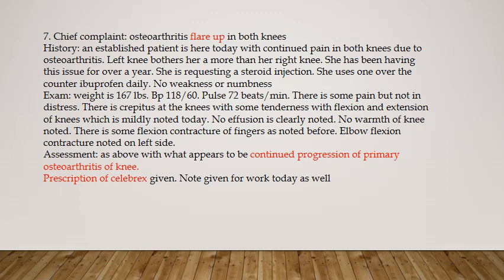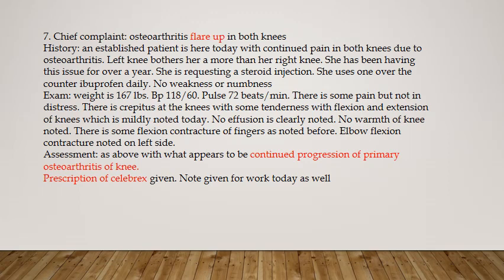No weakness or numbness. Then the examination part is there. You read it. I have already told you that the examination part doesn't have much importance as of now. Then assessment: as above, with what appears to be continued progression of primary osteoarthritis of the knees. And a prescription of Celebrex is given.